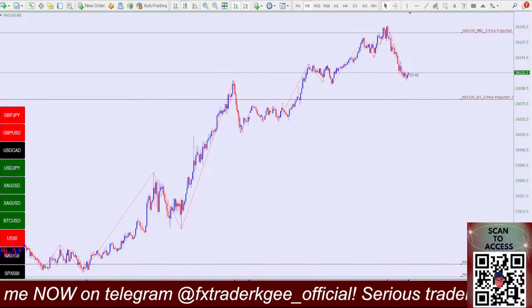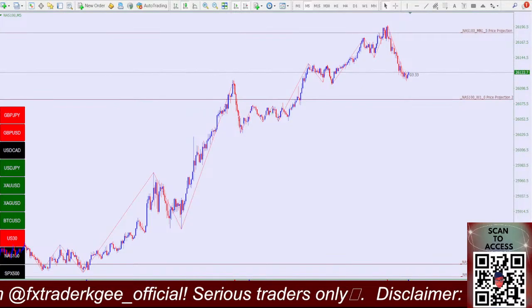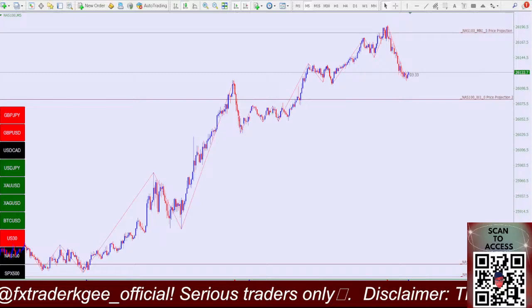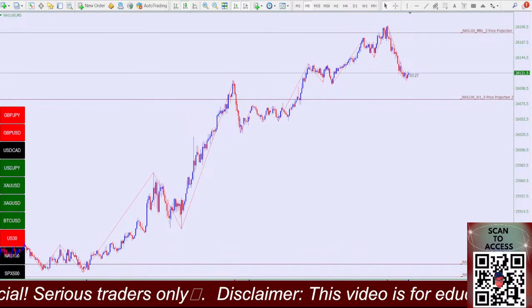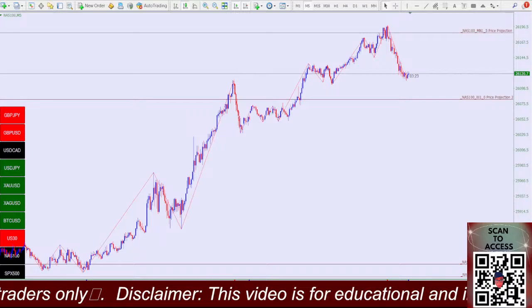Let us start with the basics. Why do we even have key levels? In simple terms, price does not move randomly.